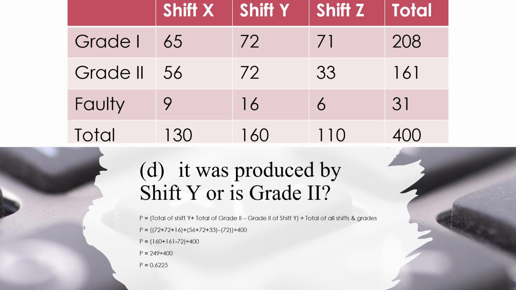We're going to divide it by 400, that is the total of all shifts and grades. In this case, the probability is 0.6225. So it means there is approximately a 63% chance that if an item is picked randomly from the day's production, it will be produced by shift Y or is a grade 2 item.